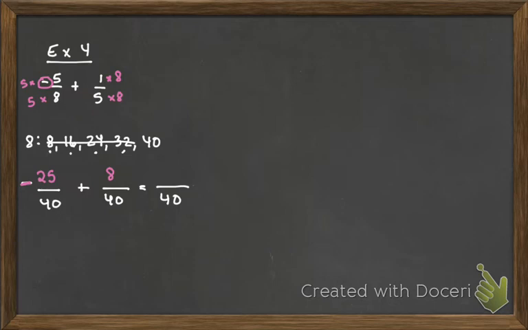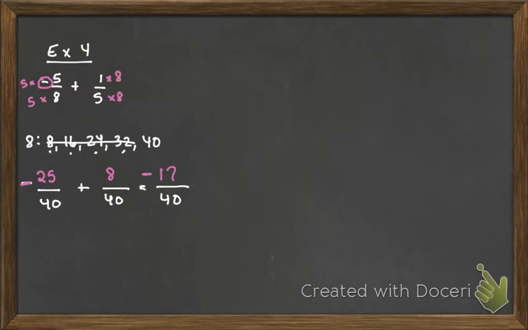So the rule when your signs are different is to subtract and keep the sign of the absolute value of the larger. Now, that would be the 25, and that's negative. So our answer is going to be negative. 25 minus 8 is 17. Keeping the sign of the absolute value of the larger means that our answer is negative 17 over 40.